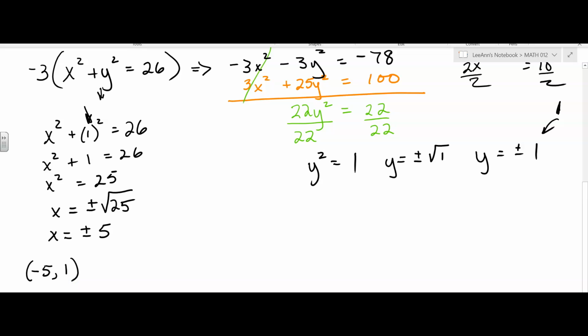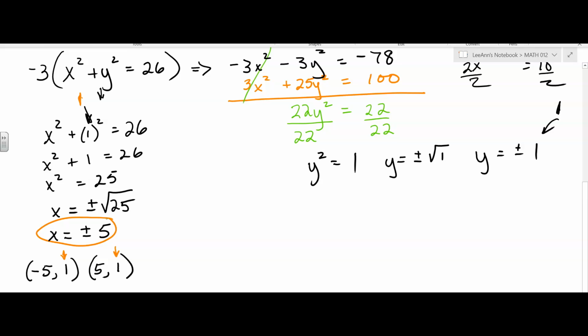Okay, because our y was 1 and we got negative 5, but we also got positive 5 and 1. So we have two solutions there, two ordered pairs, negative 5, 1 and positive 5, 1. Okay, so I'm hoping that makes sense to you. We plugged in a positive 1, so we were putting in 1 for y. So there's the 1 and there's the 1. But when we solved it, we got two solutions for x. So that's why there's two ordered pairs there.